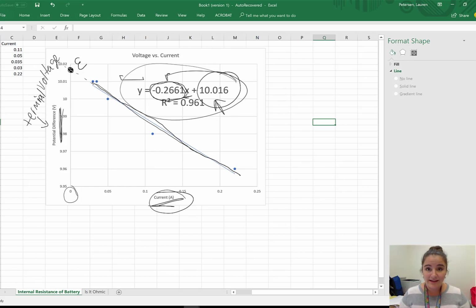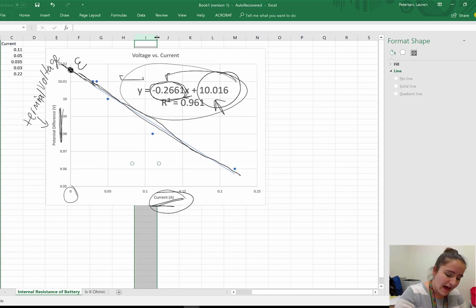This is the voltage coming out of the source. It is our EMF. If you extrapolated this line to where you have no current, you can't actually have no current, so it's not something you can measure. But that would be the EMF of our battery, where this number right here is that internal resistance.